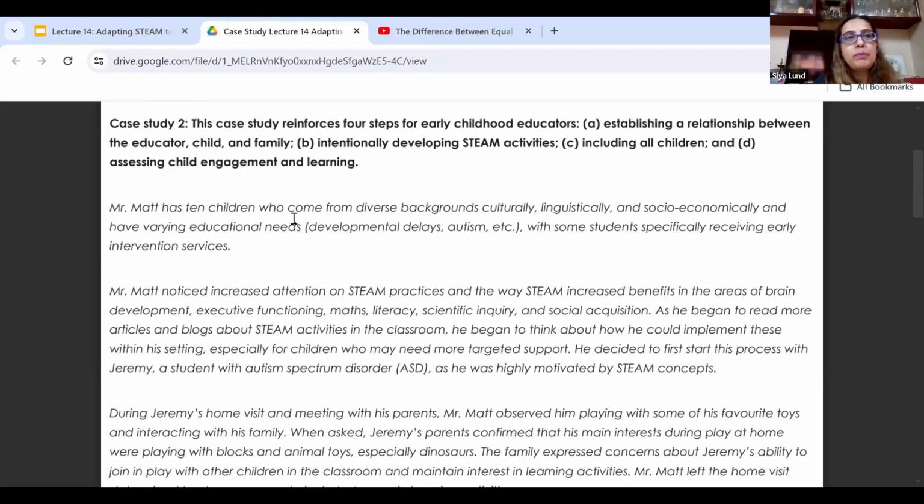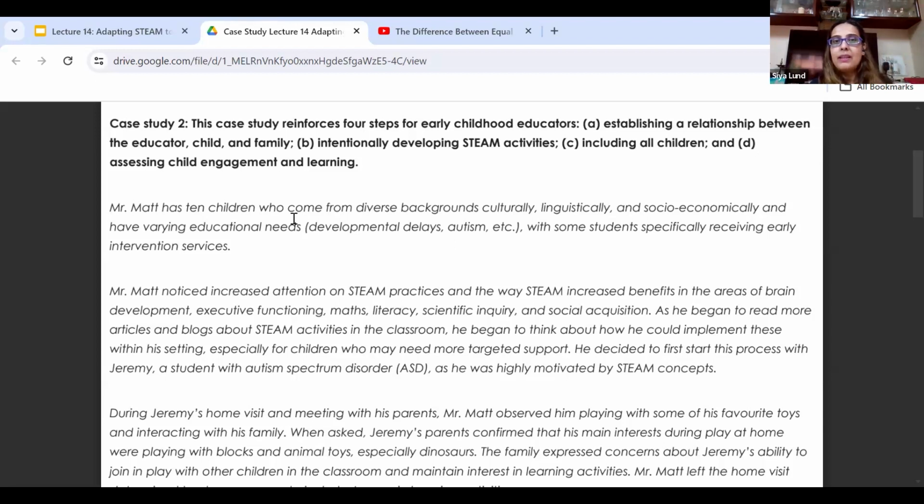Establishing a relationship between the educator, child, and family: in a lot of schools internationally, the teachers go and do home visits so that they can learn the environment that the child is in for the most part of the day, and so that they can cater to their learning needs back in school.